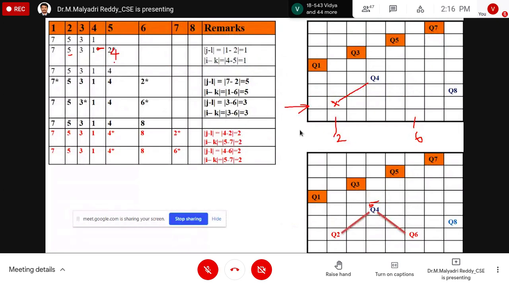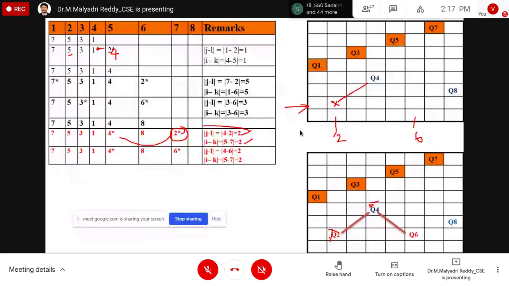This is 8. This is the expression. So 2 conflicts with 4. So 4 minus 2 is equal to 5 minus 7. Both give the same value. That is why this is not possible. It is not feasible to place Q2 at the second column.